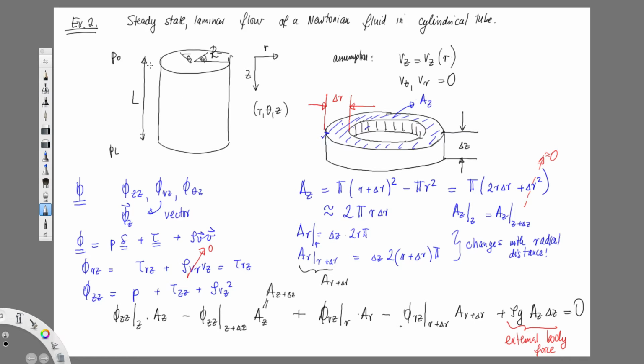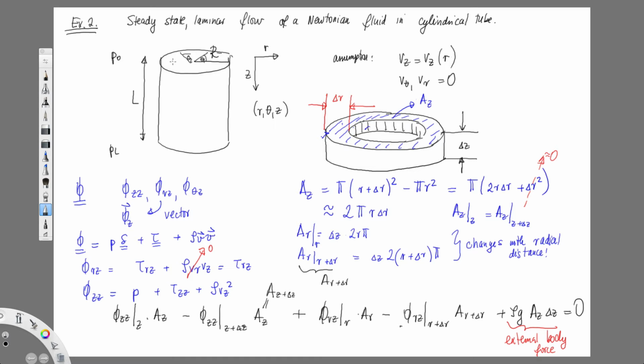And I have a tube of length L, and I have pressures P0 and PL that are actually driving this flow. Now, the first assumption that we're making is that the only velocity that I actually have is Vz, so in the z direction, and that velocity depends really only on r, or my distance from the tube center, or solid walls, however you want to look at it.